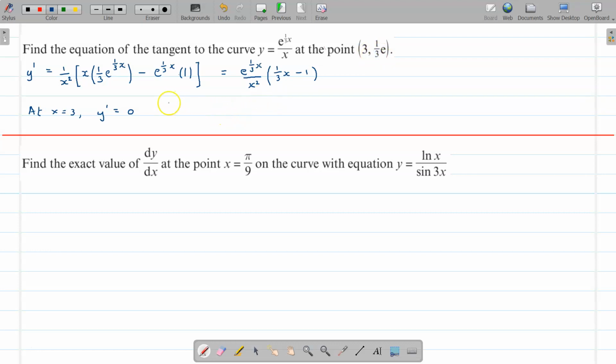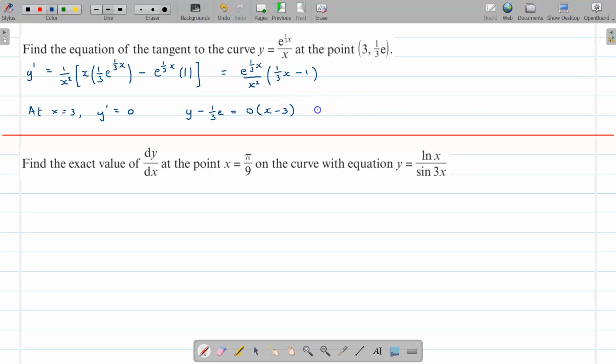So I could still use y minus y1 equals m times x minus x1. So I could say y minus a third e equals the gradient m, times x minus x1, but there's little point in that because that's obviously going to be 0 on the right.